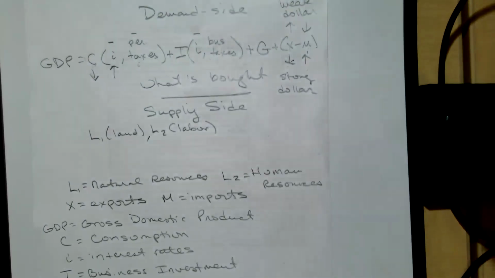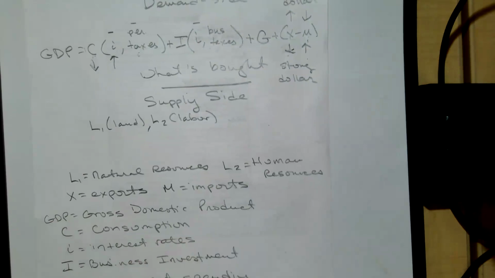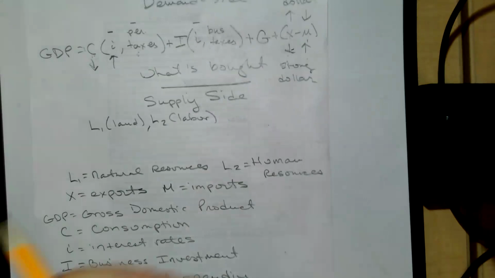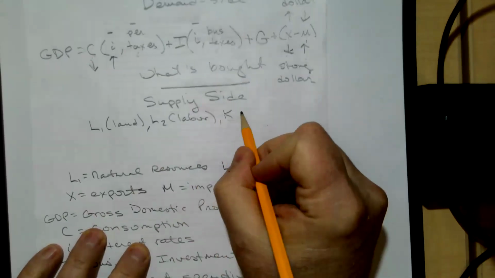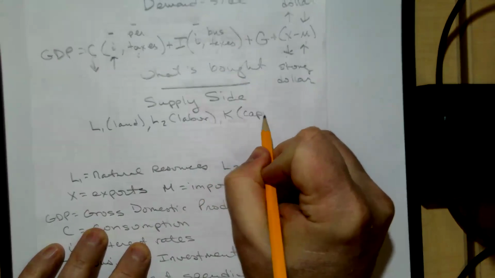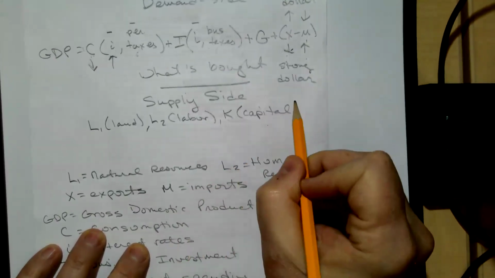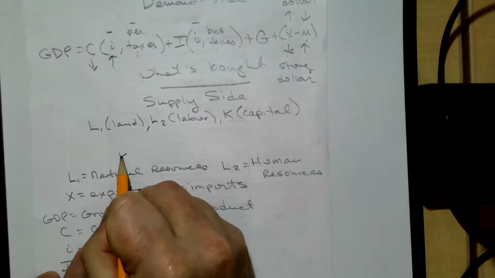The last thing, if you want to make something, you need natural resources, you need human resources. What else do you need? Yeah, you need, well, financing certainly, but you need financing probably for K, and K is capital. And let's write something down for that.